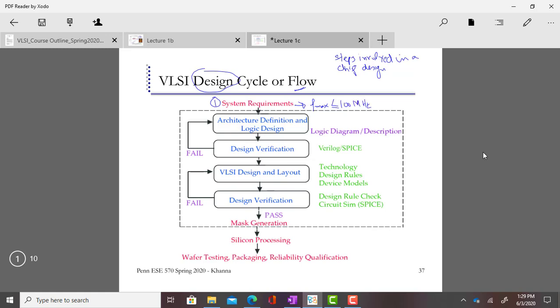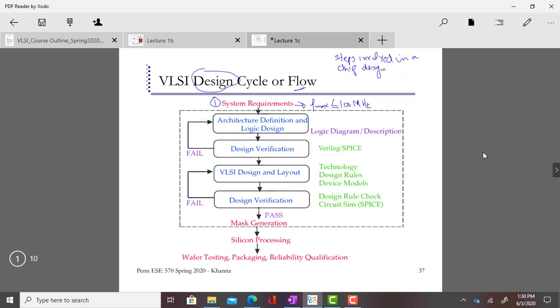So this is a design requirement, and for this requirement you have to design a chip, a circuit on a chip. Normally this is just one requirement. There can be other requirements, for example, the power consumption should be less than, for example, 10 milliwatt. Usually these requirements come from the user.